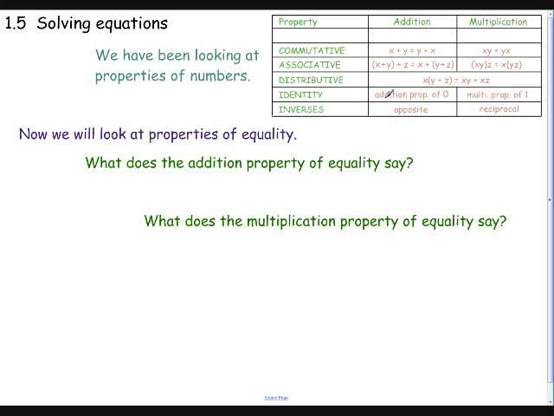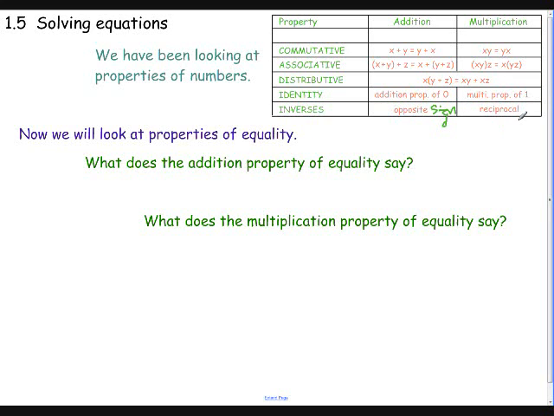Identities. The identity for addition is 0. The identity for multiplication is 1. So we can add 0 and something keeps its identity. We can multiply by 1 and it will keep its identity. Inverses. For addition, we talk about using the opposite sign.